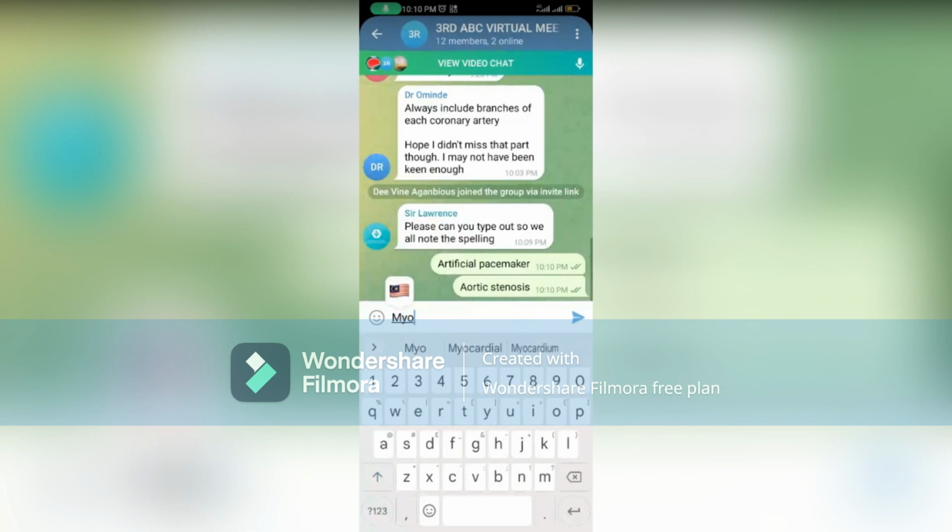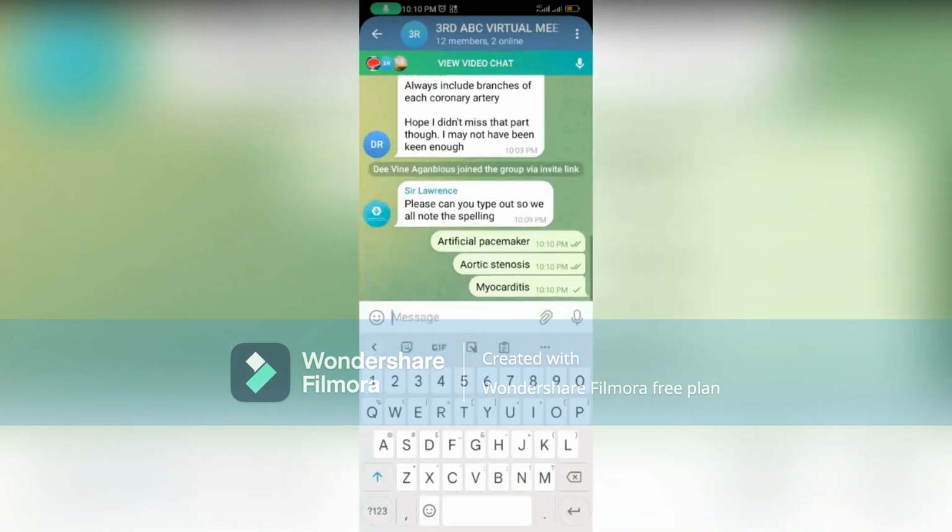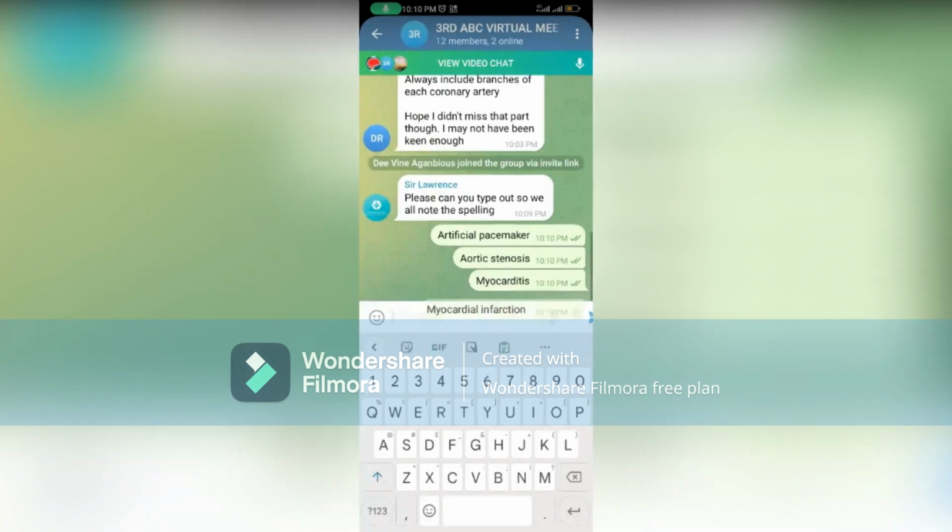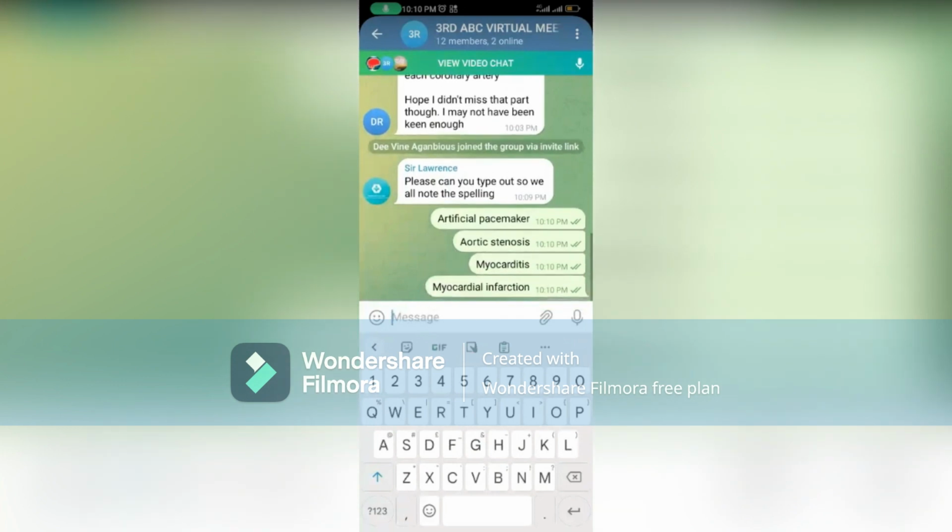Another one is myocarditis, that is inflammation of the cardiac muscle, the myocardium. Another one is myocardial infarction, which I said is commonly known as heart attack. That is the myocardial infarction.